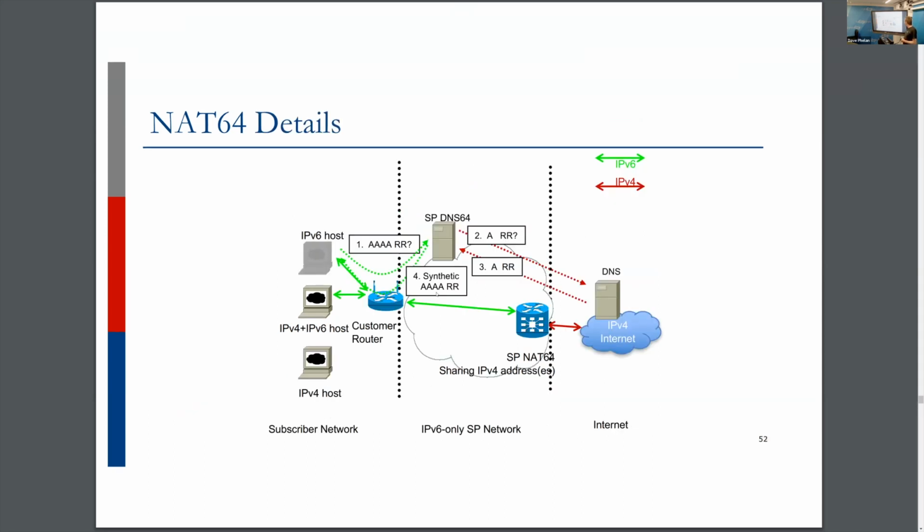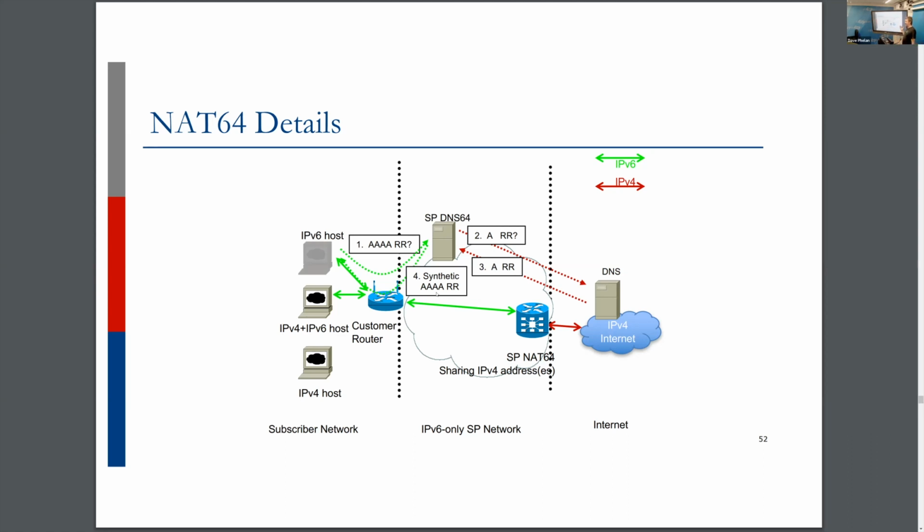Few problems with this. There we go. So my V6 host says, hey, can I have a quad A record for this site? My DNS 64 box goes out to the TLD DNS. It says, no, I only have this A record. My DNS 64 box will then synthesize a quad A record, and I will route that out through my SP NAT box.